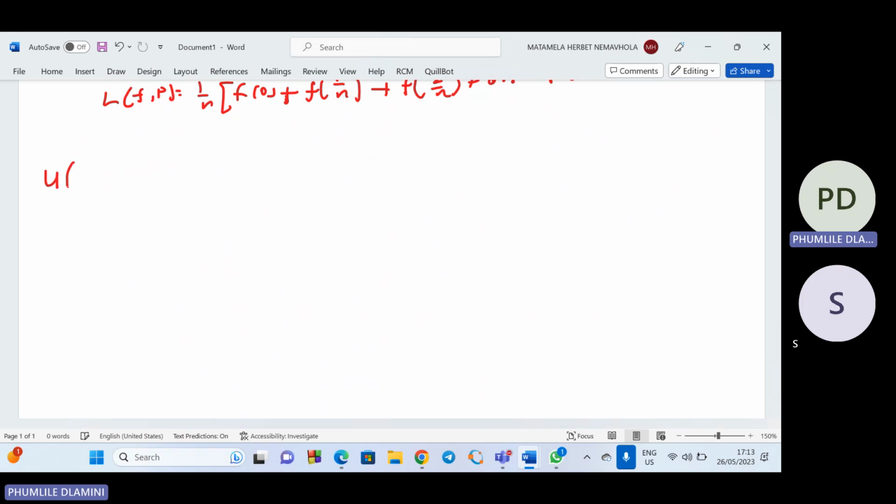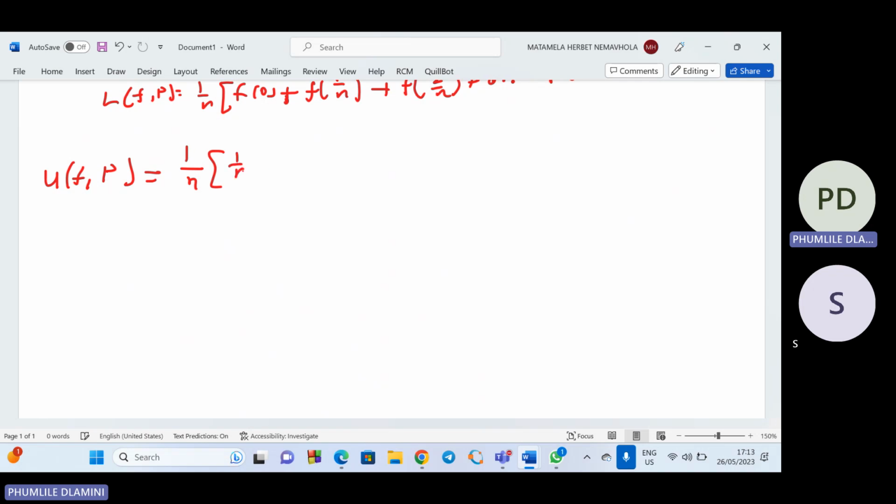If I start with U of f and P, you will see that we're going to have 1 over n, and we substitute into the equation, which is x cubed plus 2.